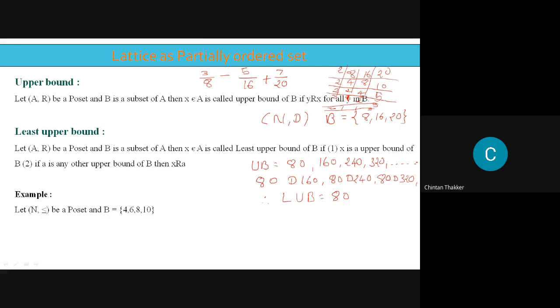Upper bounds means numbers which are greater than all numbers of B.